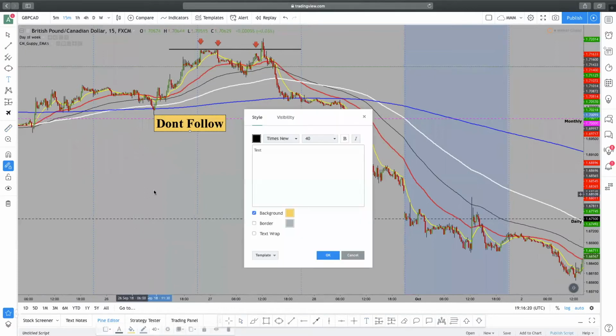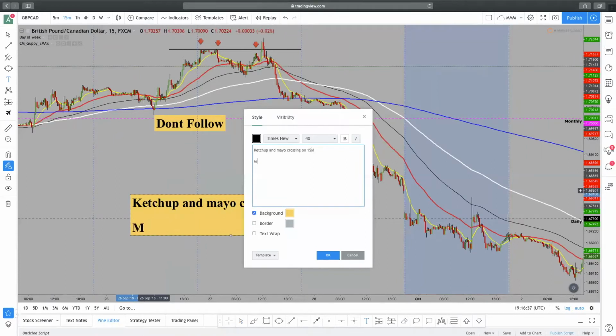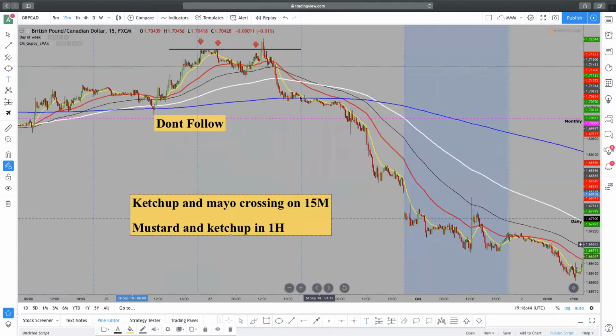So when my ketchup and mayo are crossing on the 15 minutes time frame, or mustard and ketchup in 1 hour, these are just the same. 50 and 200 on the 15 minutes is the same as 14 and 50 on the 1 hour.